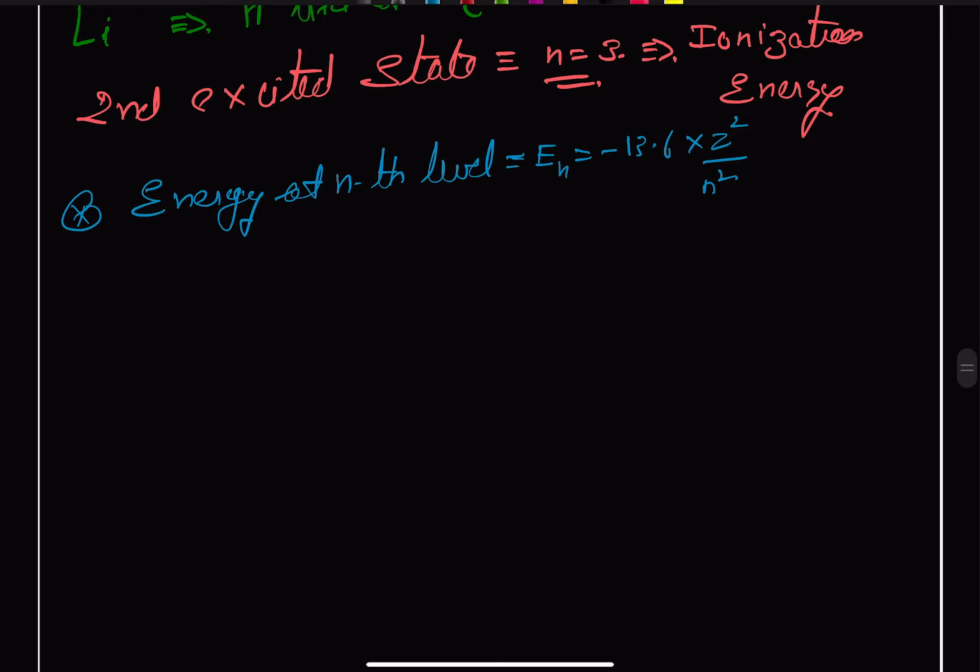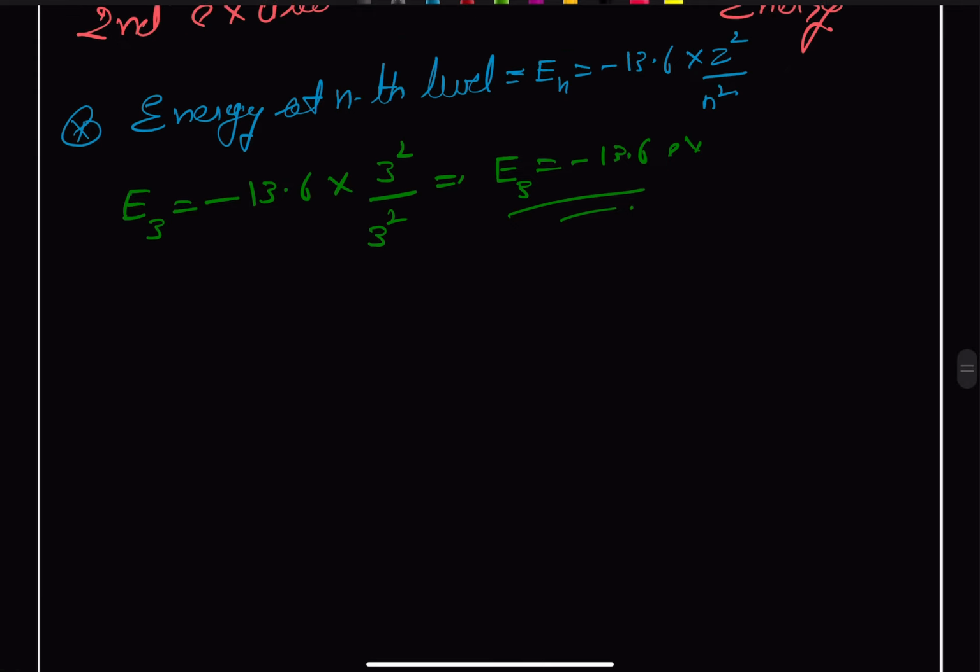The value of Z and n is the same in this case. Therefore E of 3 will be equal to minus 13.6, since 3 square cancels with 3 square, giving E of 3 as minus 13.6 electron volt.